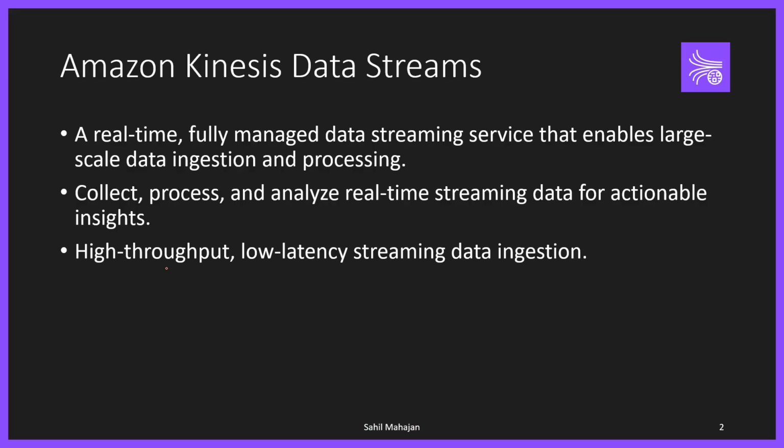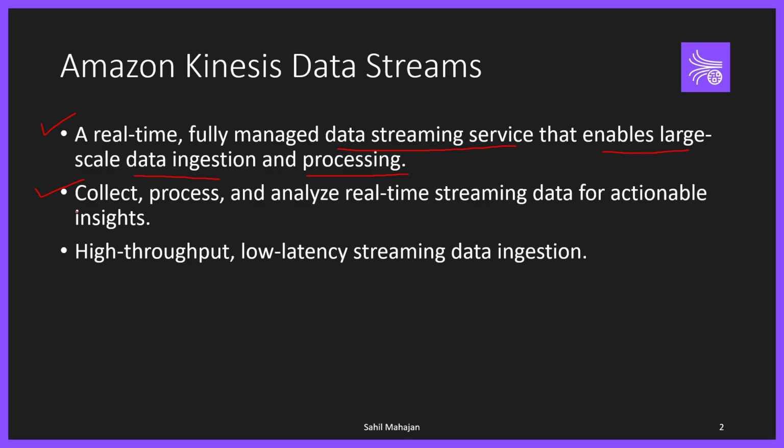Firstly, we're going to be talking about what Amazon Kinesis Data Streams is. Amazon Kinesis Data Streams is a real-time, fully managed data streaming service that enables large-scale data ingestion and processing. Basically, it's a fully managed service. It provides real-time ingestion of data, normally streaming data that can be ingested into Kinesis Data Streams.